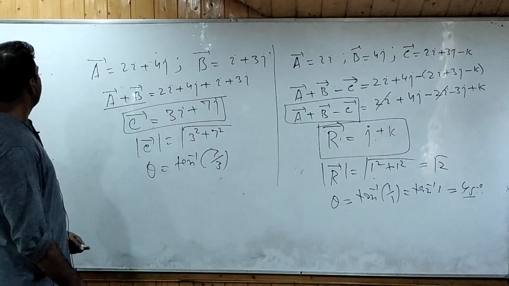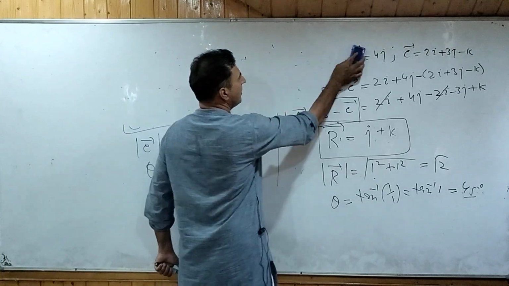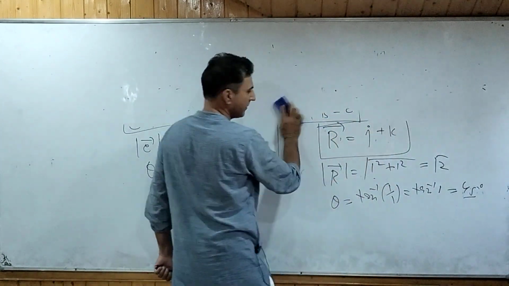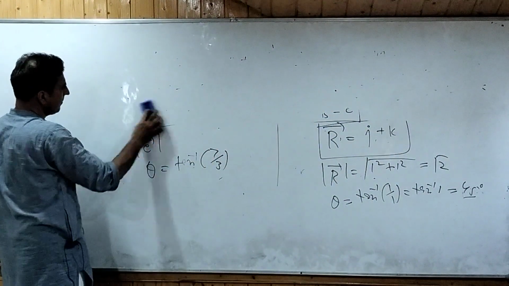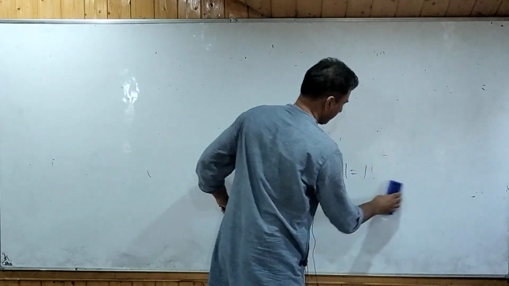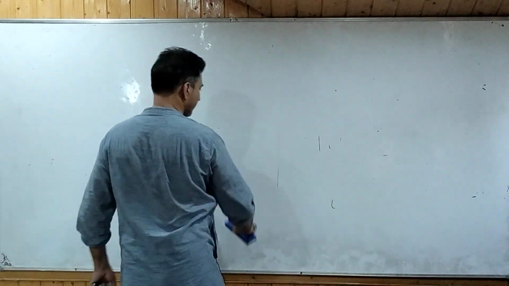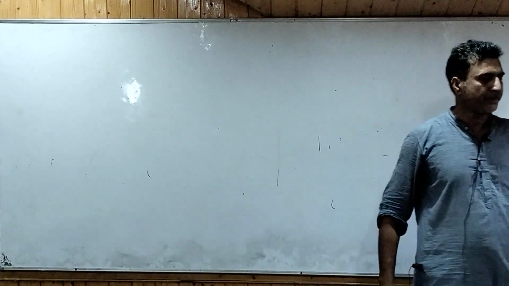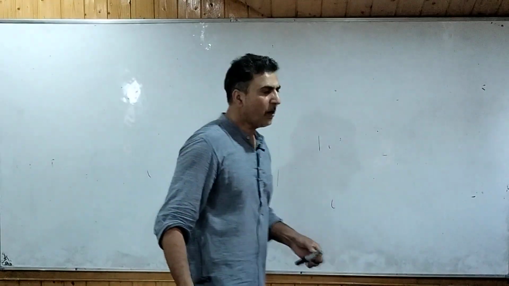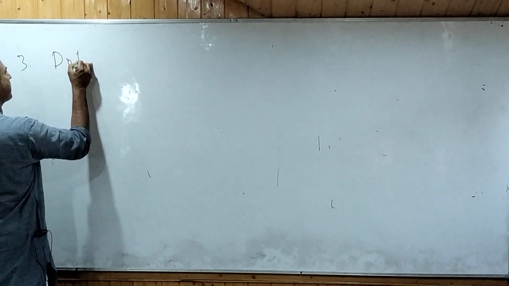And point number 3, third point, very important point. Third point is dot product of two vectors.